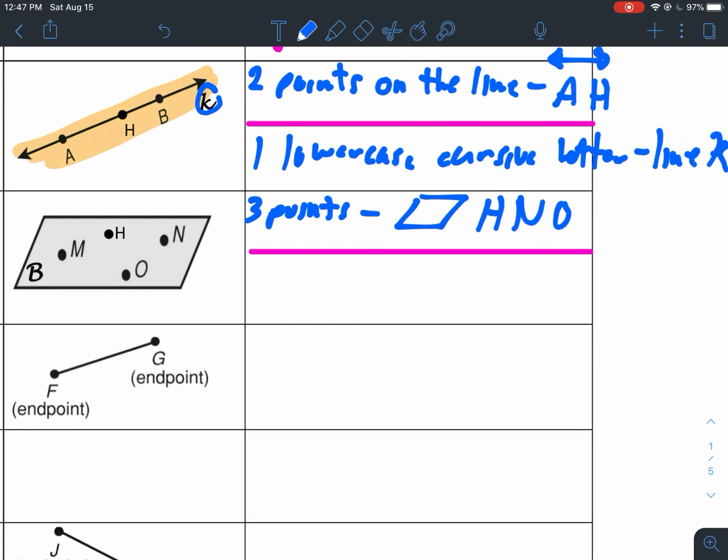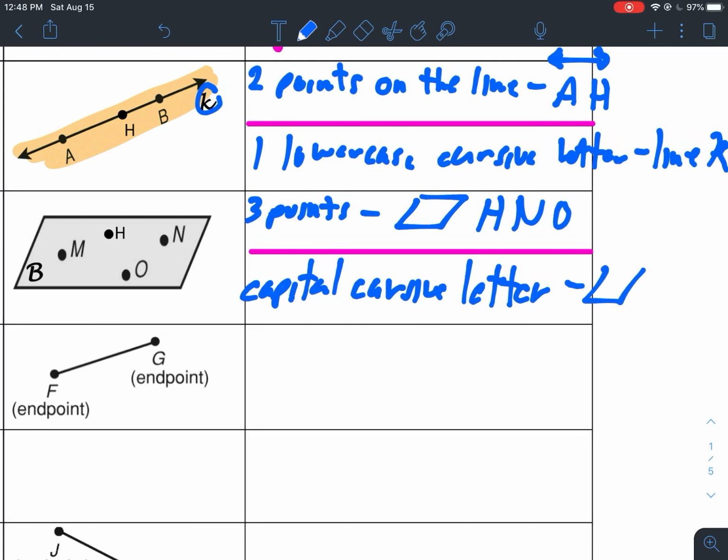So plane H, N, O. The other way is with a capital cursive letter, and that's what that B is in the bottom corner down there. Okay, B is not a point on the plane. So we can name this plane B.